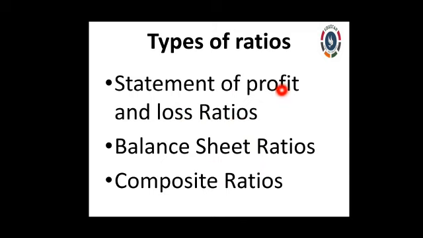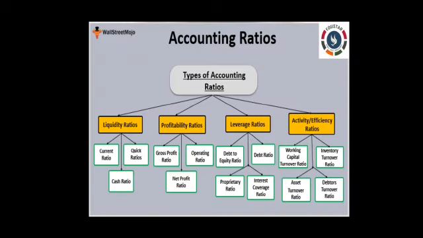If the two variable amounts are taken from the balance sheet, that is called balance sheet ratios. And another one, composite ratio, is where the two variable amounts are taken from the profit and loss account as well as the balance sheet. Okay.